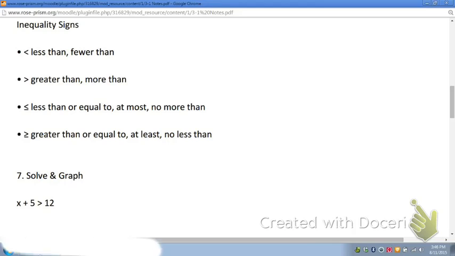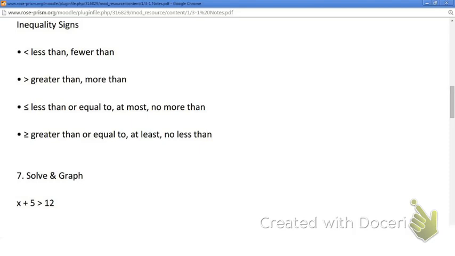At the bottom of the page here, we have x plus 5 is, and again, check your signs here. This one right here would be a greater than sign. So x plus 5 is greater than 12. So what plus 5 is going to be greater than 12? Well, a lot of things plus 5 are going to be greater than 12, so we want to find them all. So again, to solve this, you're simply going to do the opposite of what's happening to your variable.